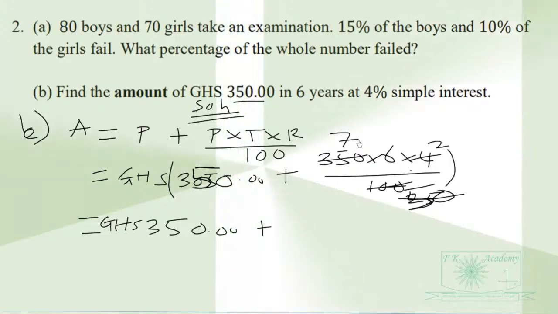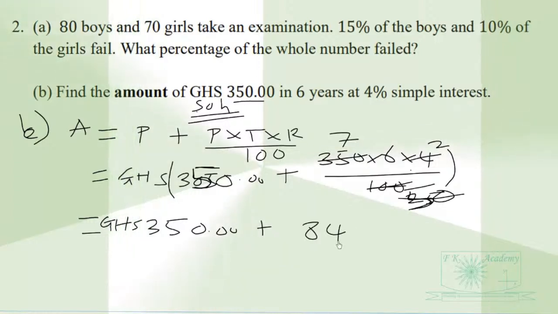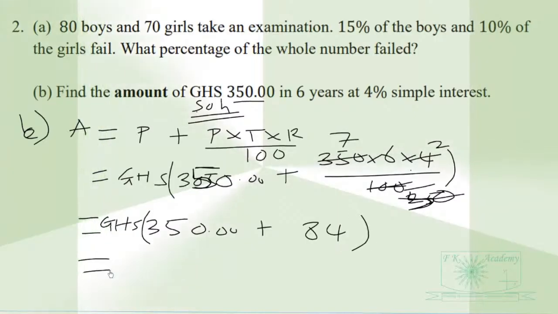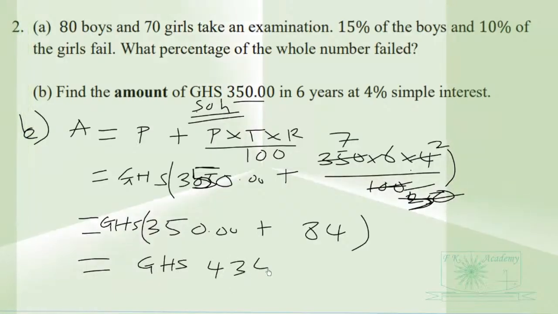That will give us 12. Then 12 times 7 will give us 84 cedis. So 84 adding to 350 will give us 434 Ghana cedis.